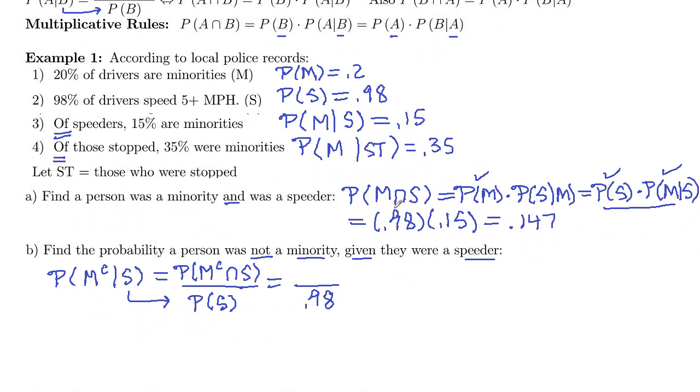We do know the probability of M and S. So, the probability that they were a speeder: the speeders we can divide up into two pieces. They were minority speeders or non-minority. So minority and a speeder, plus not minority and they were a speeder.